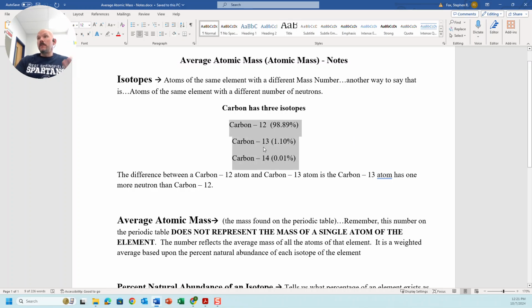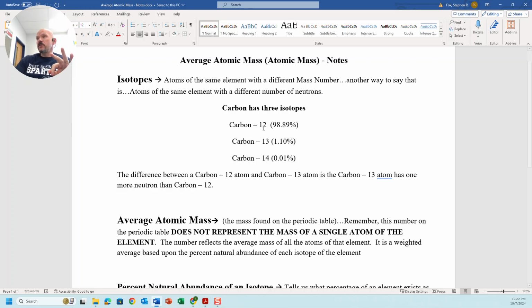One of them might be carbon 13, and the other one might be carbon 14, right? But odds are, a carbon atom that you might be studying right now, an individual carbon atom, odds are it's carbon 12, okay? But there are carbon 13s and there are carbon 14s. They're just much more rare, okay? So if it was a normal average, like, carbon has 3 isotopes.